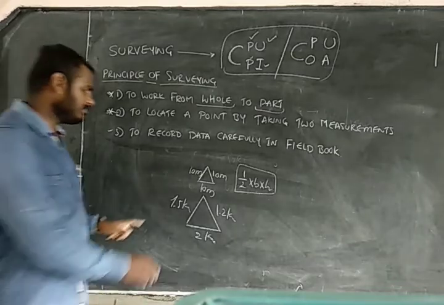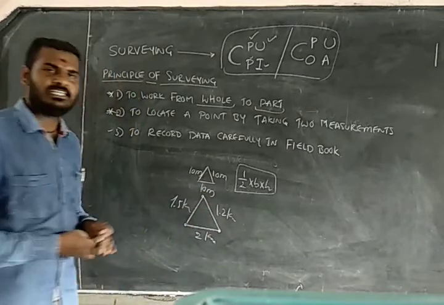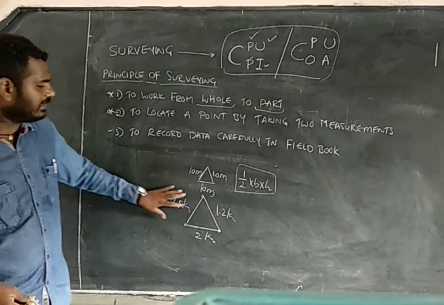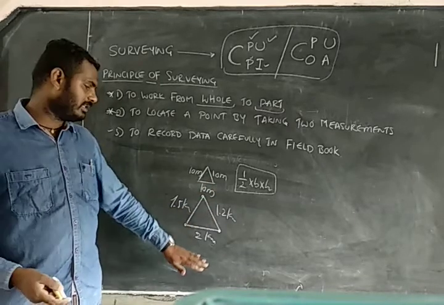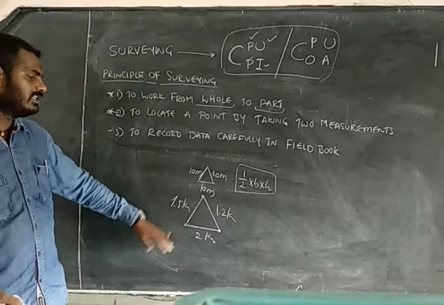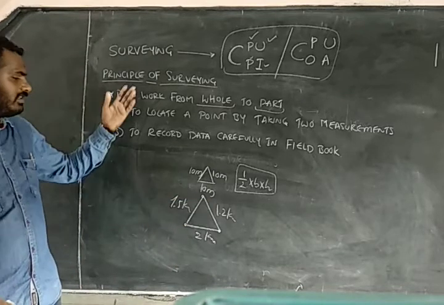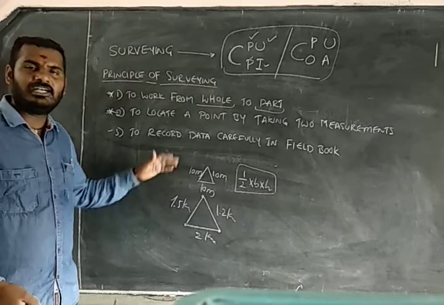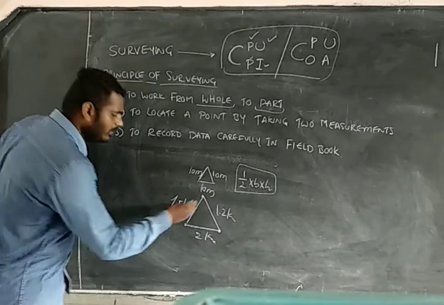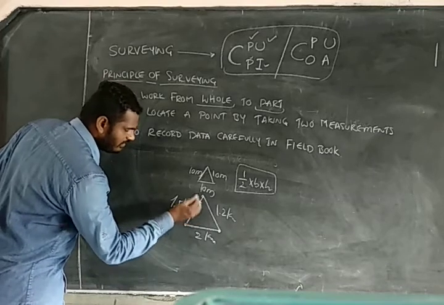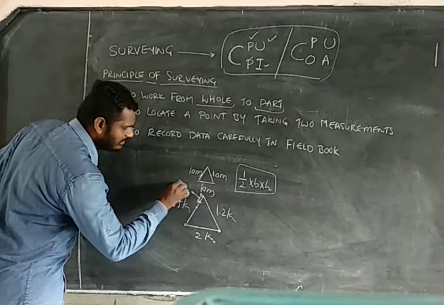So measuring these points is really difficult. Why? Because it has a larger distance. There is no instrument available to measure such a distance at a time, especially by chaining. In plane surveying we use chains and tapes, so it is really difficult. You need to maintain so many locations. Suppose you have a tape of only 30 meter.